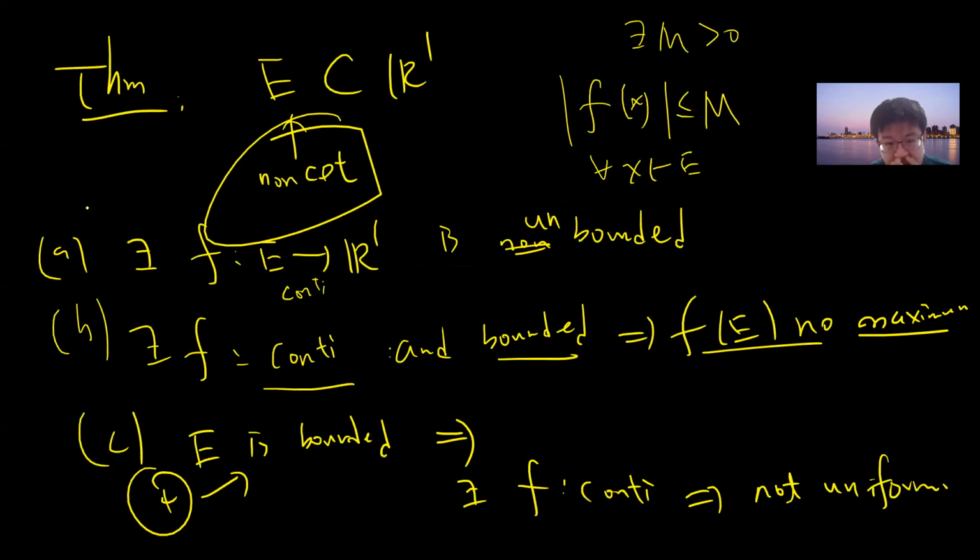Okay, so B says that f is continuous and bounded, and we need to show that f has no maximum. The idea is close.